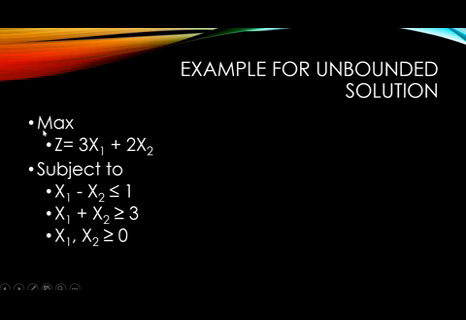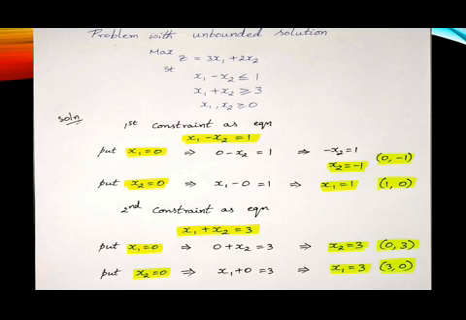So one example that I consider: max z equals 3x1 plus 2x2 subject to the constraints x1 minus x2 is less than or equal to 1, x1 plus x2 is greater than or equal to 3, and the non-negativity constraint x1, x2 greater than or equal to 0. When I try to solve this problem, as usual, take the first constraint as the equation x1 minus x2 equals 1.